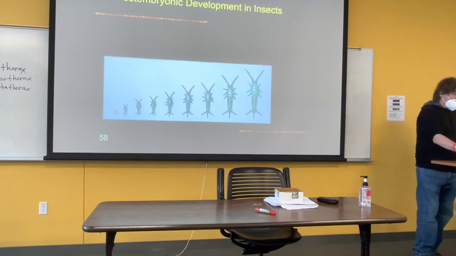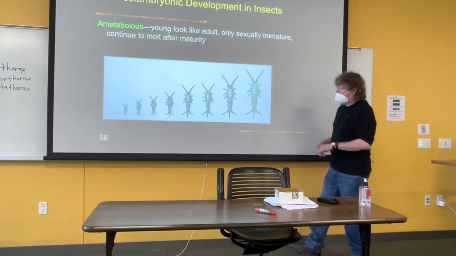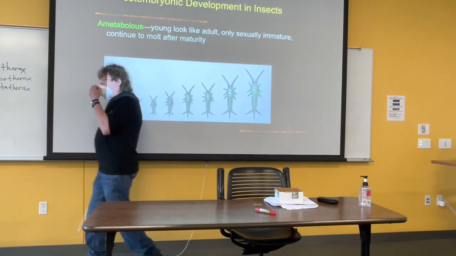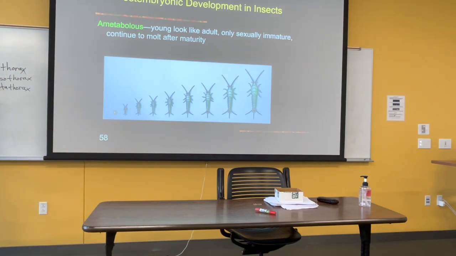And so there's three different categories of post-embryonic development in the insects. Ametabolous, which is like all the other arthropods, but we still don't use this term ametabolous for other arthropods simply because they don't have the other distinctions like we're going to put up here shortly.